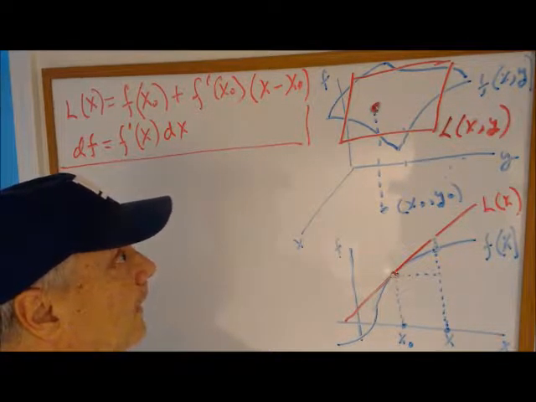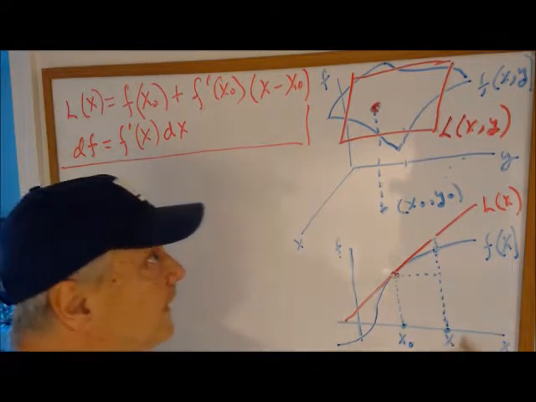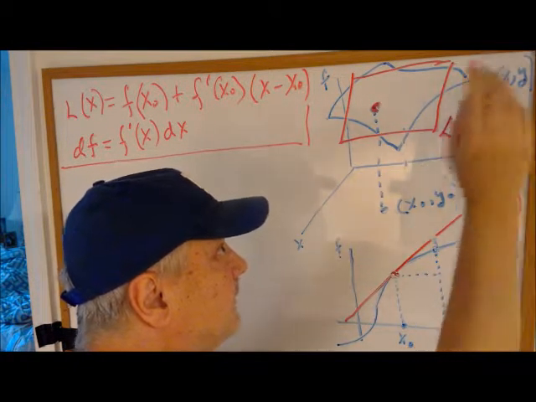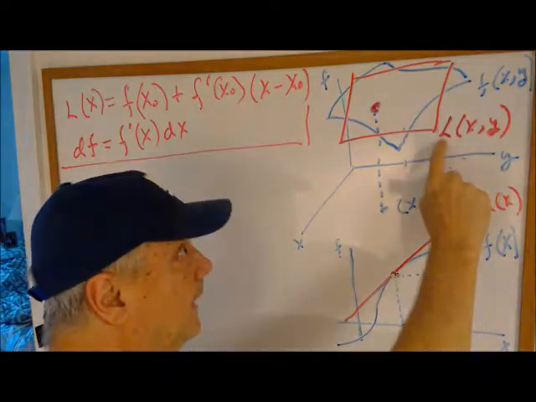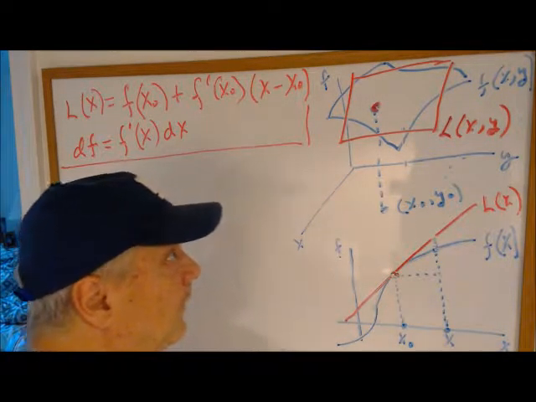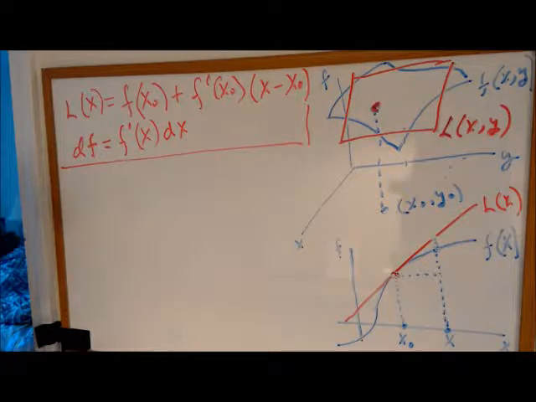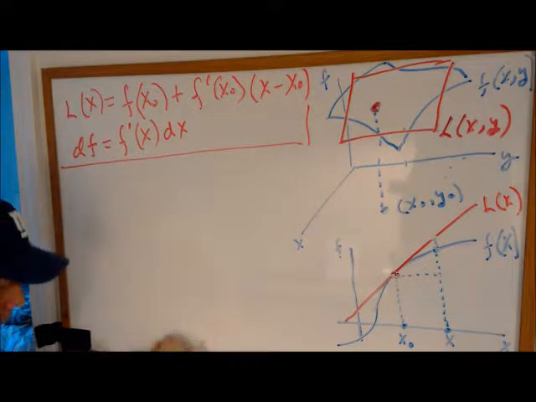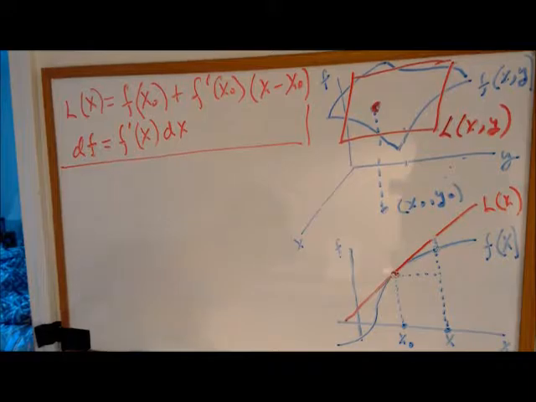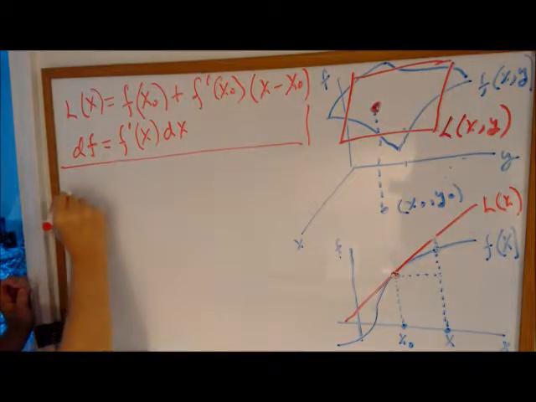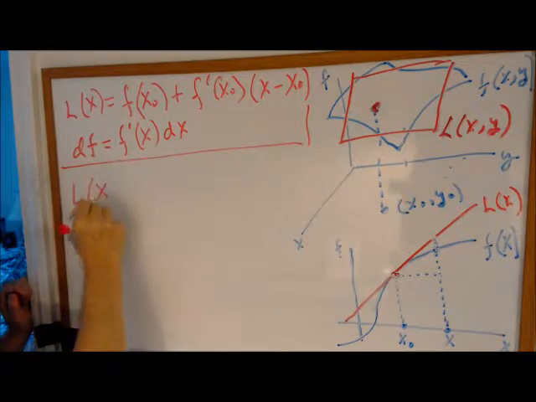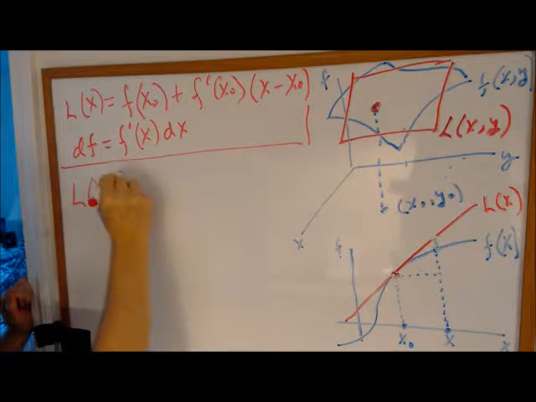Okay, so how do we do that? Well, we say that f of xy is approximately equal to L of xy, just like before, and we write L in red. We write L, the linearization.